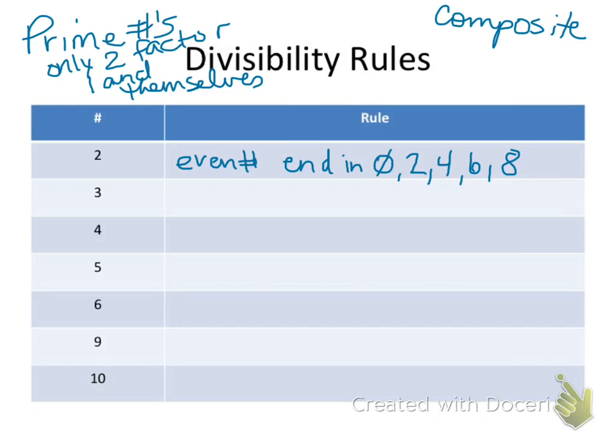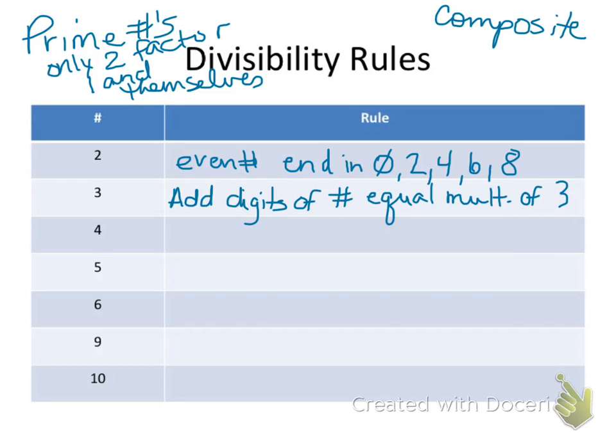If it's divisible by 3, add the digits of the number, and they will equal a multiple of 3. So the sum of the digits is divisible by 3. I like that way of wording it better.